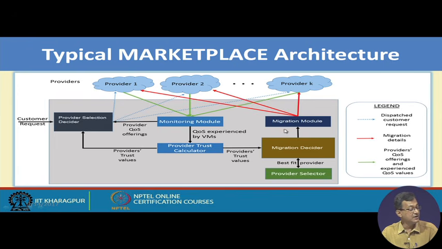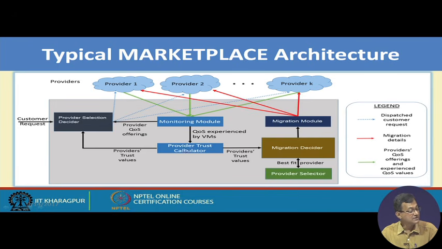There can be a migration module. So, this monitoring module records the QoS experienced by the VMs for different providers, and you put it as input to the provider trust calculator, right. And the other component is a migration module, which is the migration decider.